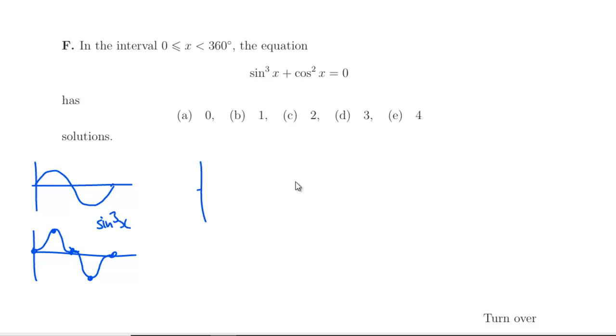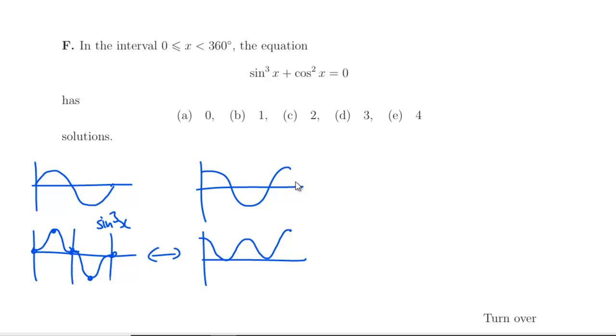Then cos squared. So that's our cos. Then we square it. So we're going to be getting that down to there, up to there, down to there. Just trying to get it to match up a little bit better. So we've got those, and we need to add up these two to get them to equal 0. So that can only happen in that portion, which is from there to there.